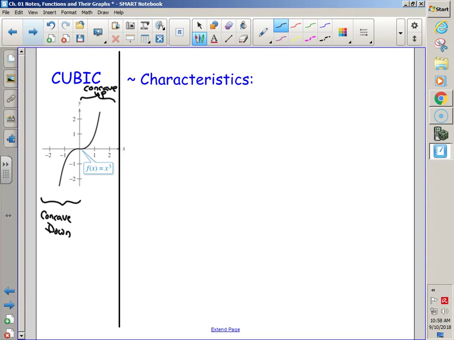We'll talk more in chapter 2. Any even-degree polynomial, x squared, x to the 4th, x to the 6th, x to the 8th, will always only have one concavity, unless it starts being twisted in between and having weird W's and rises. But a basic x squared, x to the fourth, x to the sixth will look like a parabola, just skinnier.